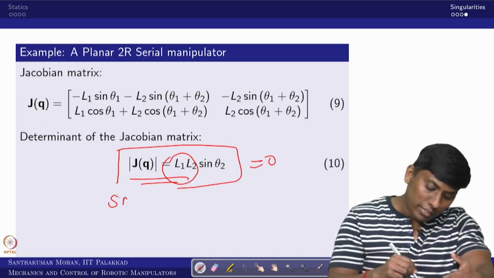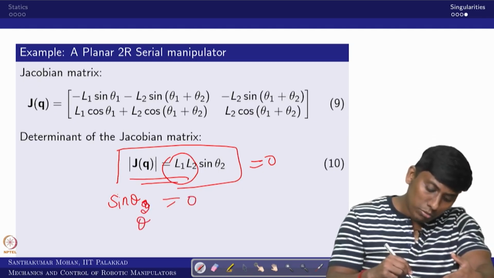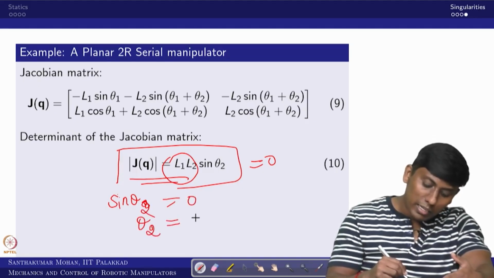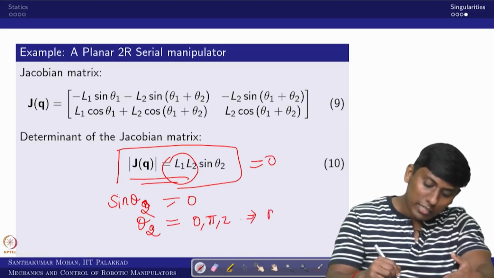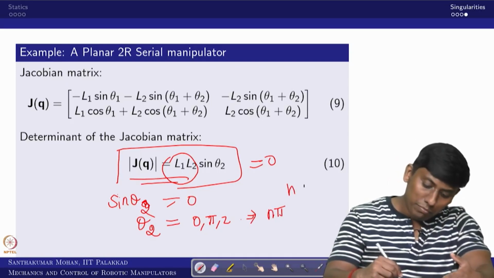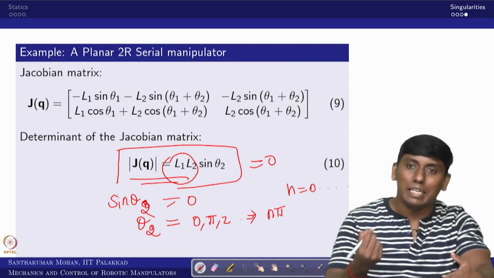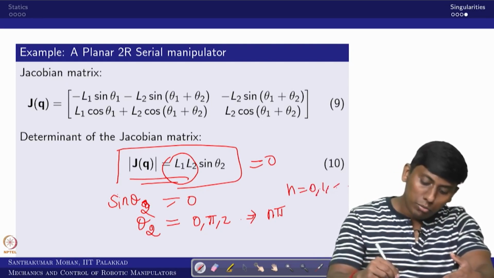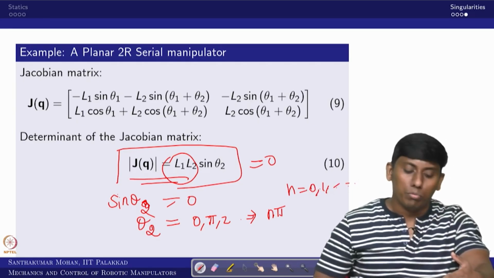Then you can see sin theta 2 would be 0, this is the reduced form. Then theta 2 is either 0, pi or 2 pi. In other words, I can say n pi, where n is any number: 0, 1, 2, 3. Okay. So this is the condition.